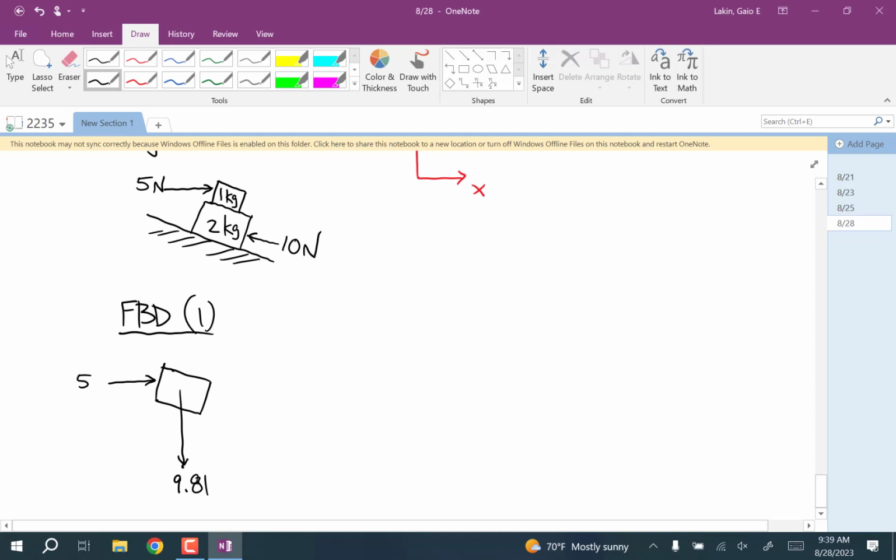And then the normal and the friction force are just lumped into a single thing that I'm going to call the force on the 1 by the 2. That force does include the normal force in one direction and the friction force in the other. It just doesn't help us to break it up that way, so we're not going to.